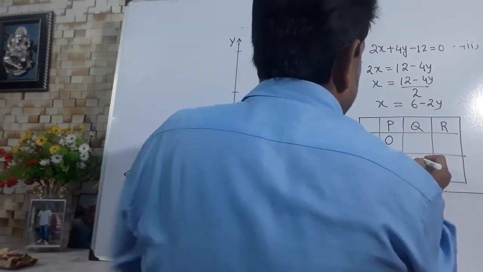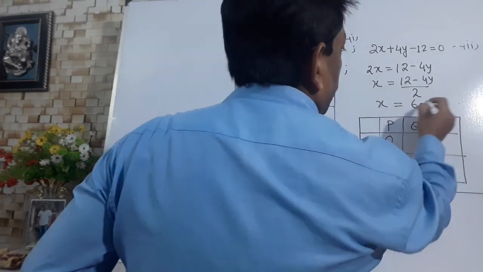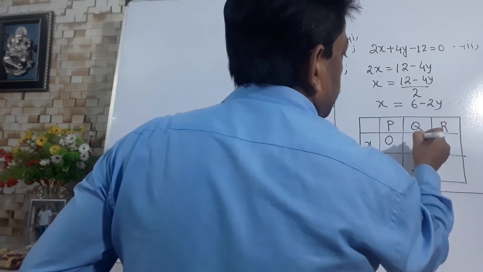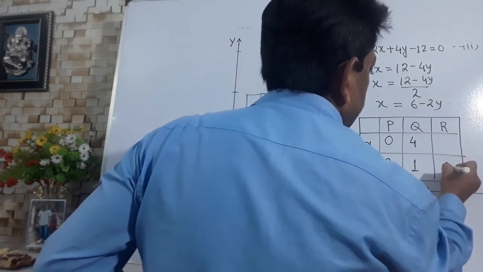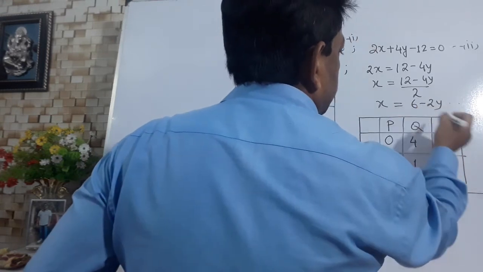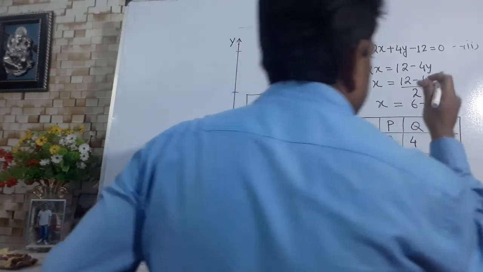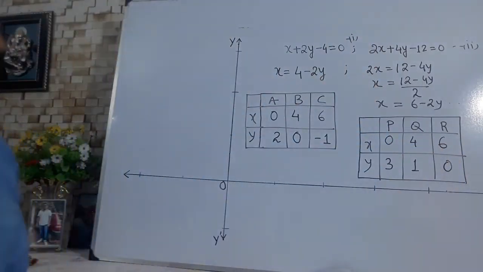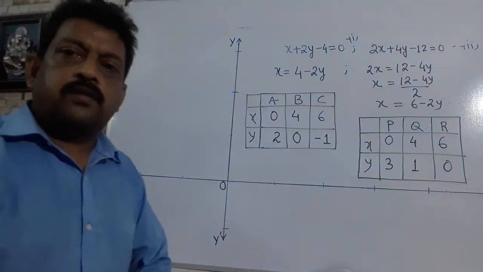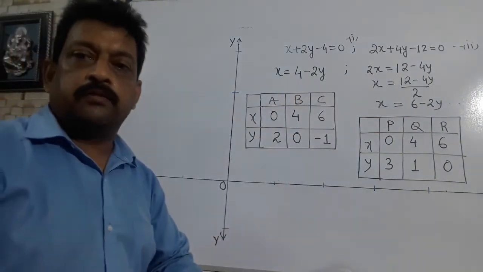If y is 1, so 6 minus 2 into 1, 2, that is 6 minus 2 is 4. If y is 0, then 6 minus 0 is 6. So these are the solution sets obtained from the given equations.